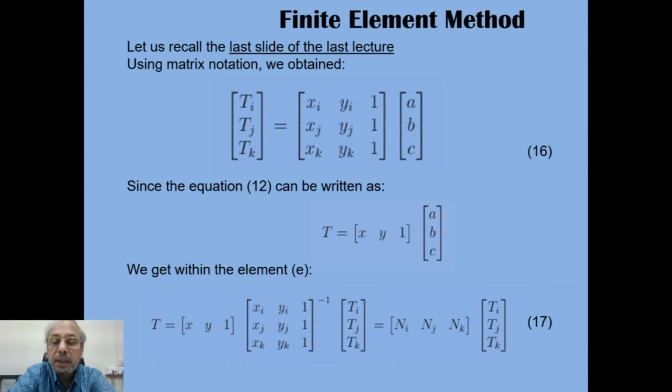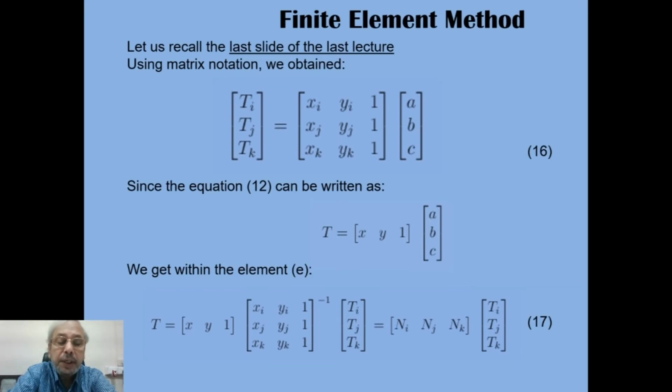the column vector. Now this column vector, from equation 16, we can easily see that this is basically the inverse of a matrix xi, yi, 1, xj, yj, 1, xk, yk, 1. This inverse of a matrix is multiplied by the Tijk column matrix.